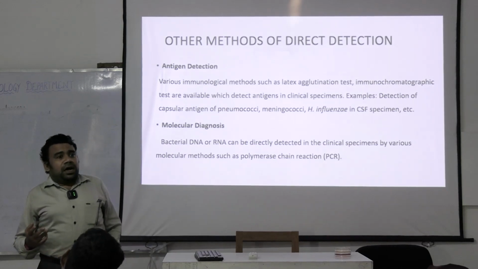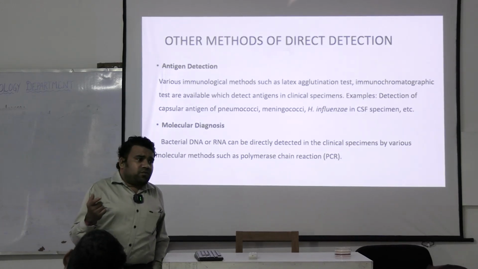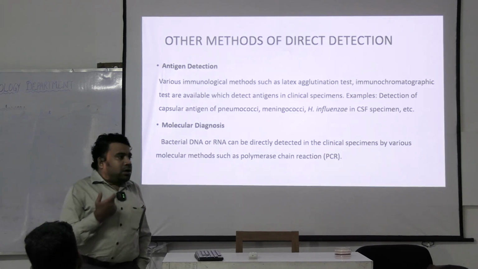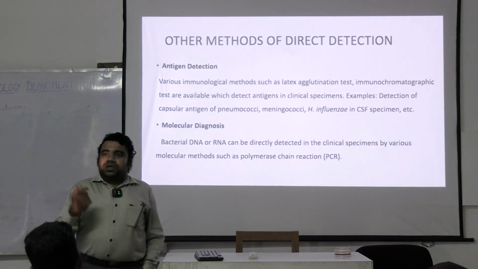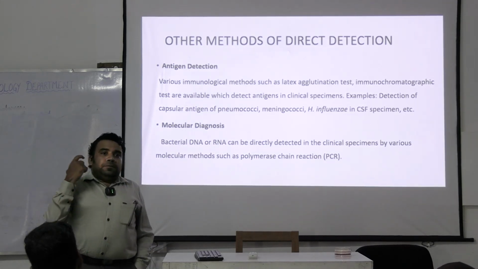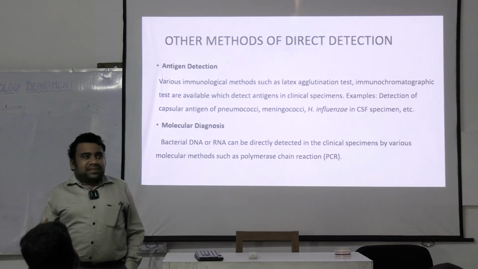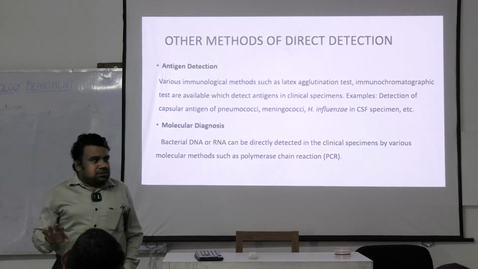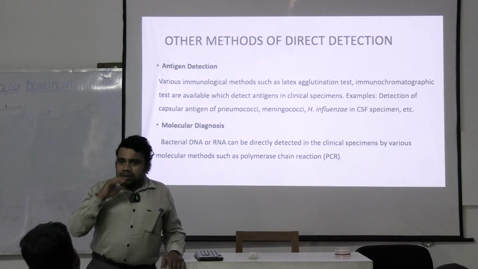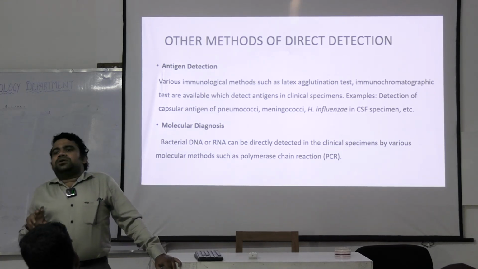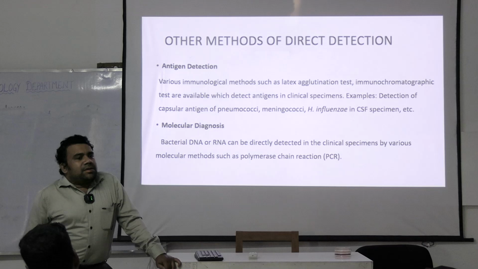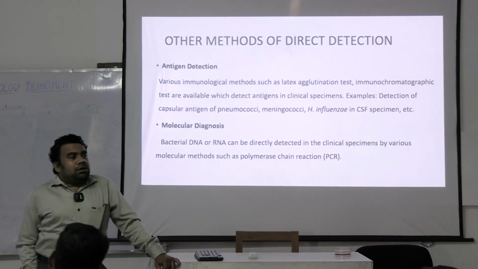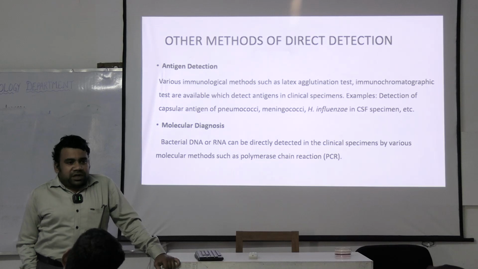Another method, I think you have read in biochemistry, is that we can detect the nucleic acids themselves, be it DNA or RNA. So we can directly look for the presence or absence of nucleic acids of the pathogen in the sample itself. Have you understood this? These are called nucleic acid amplification tests, with the use of a method called PCR or polymerase chain reaction.